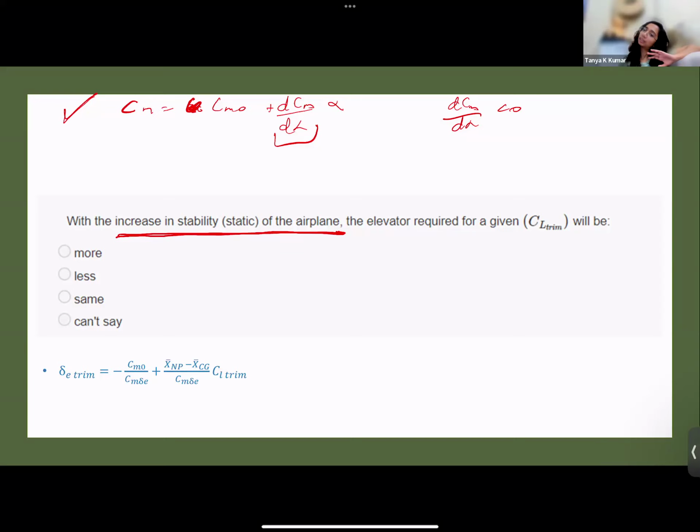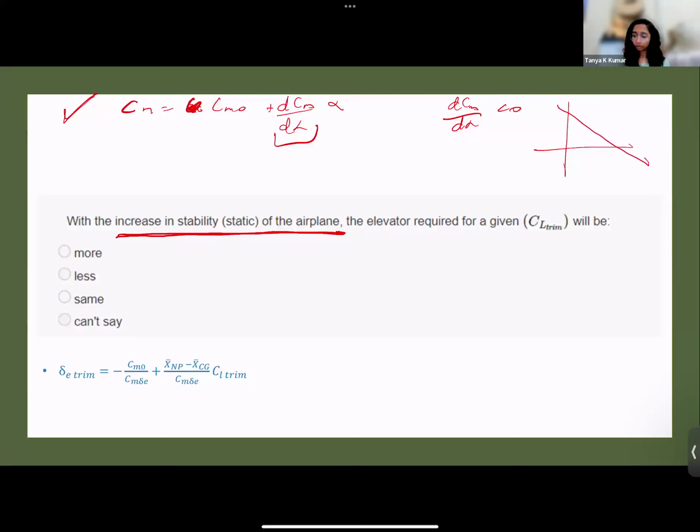Right, so when I change the stability, CM alpha changes. When I say there is an increase in stability, what does it mean with respect to CM alpha? It becomes more negative, right? Greater the slope, greater the stability, greater the magnitude of slope.